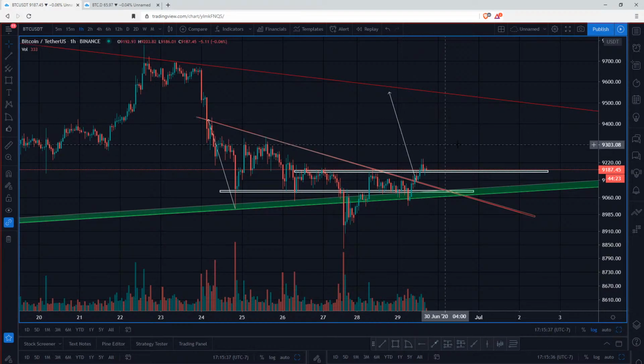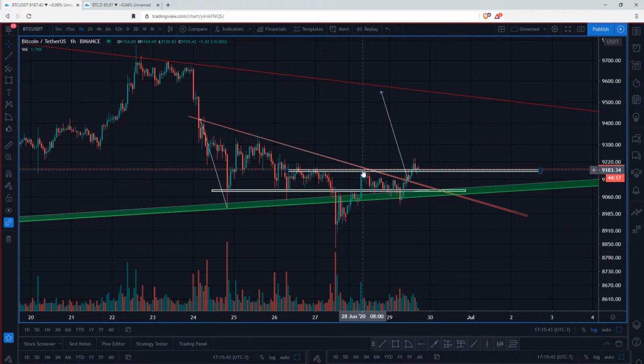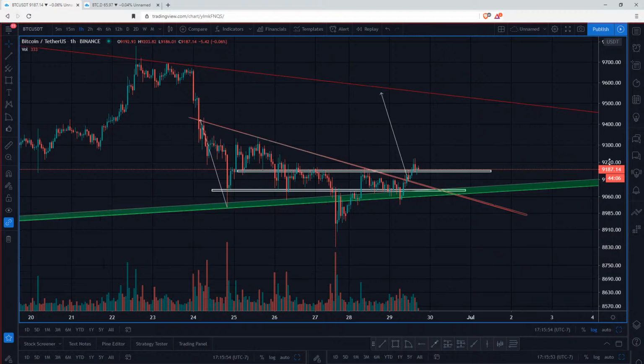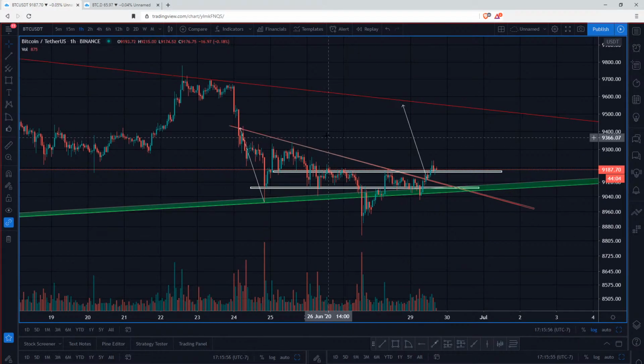We broke to the upside, and this is a symmetrical triangle break to the upside. It's a classic. So what we're looking for is a previous level of resistance right here. Key level of resistance once, twice, and it was a previous level of support if we just drag it down a little bit further. That's going to be a potential first retest zone, and once it pushes to the upside, it's potentially going to carry its momentum.